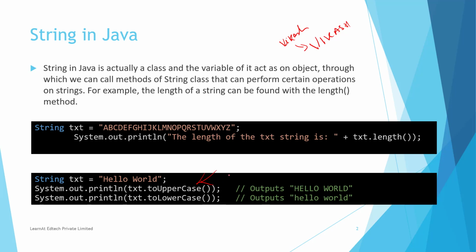This method converts the small letter characters all into uppercase. Now, if I want to convert it all into small letters, what will I do? toLowerCase. toUpperCase for converting into capital letters, toLowerCase for converting into small letters.